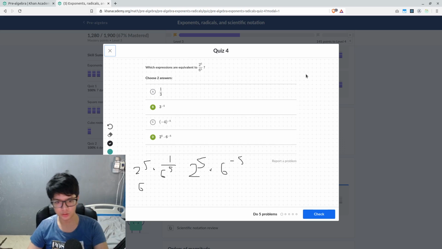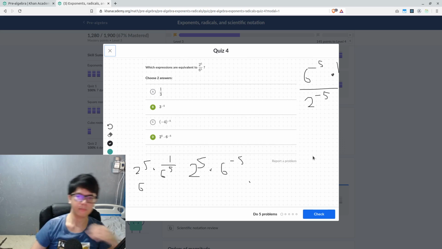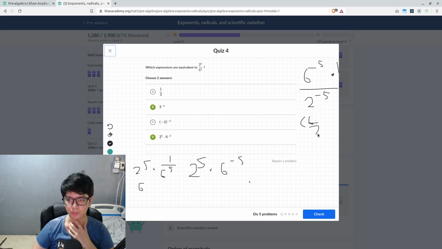Well, let's see. This is 6 over 5 multiplied by the reciprocal of 2 multiplied by 1 over negative 5, then I guess it's the same thing as 60 divided by.